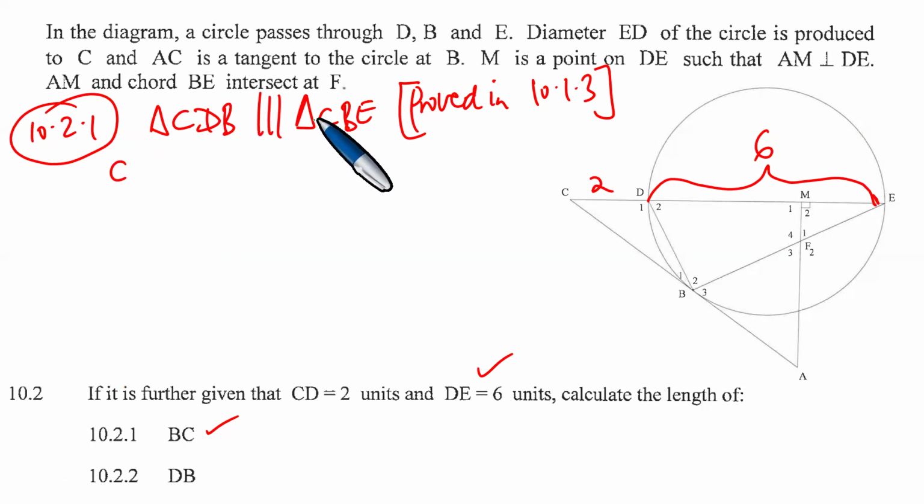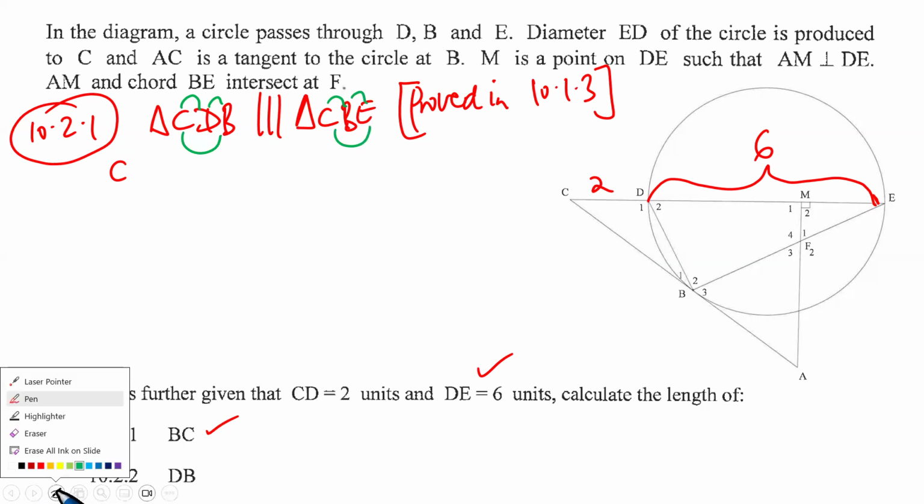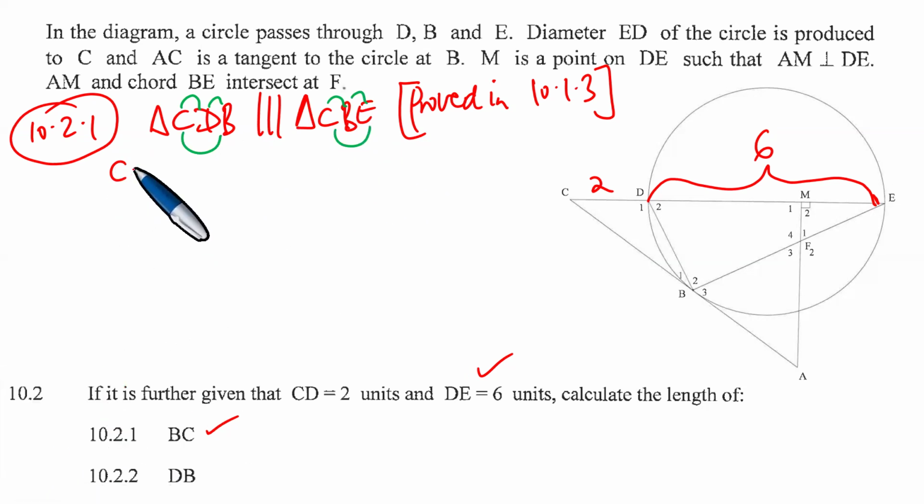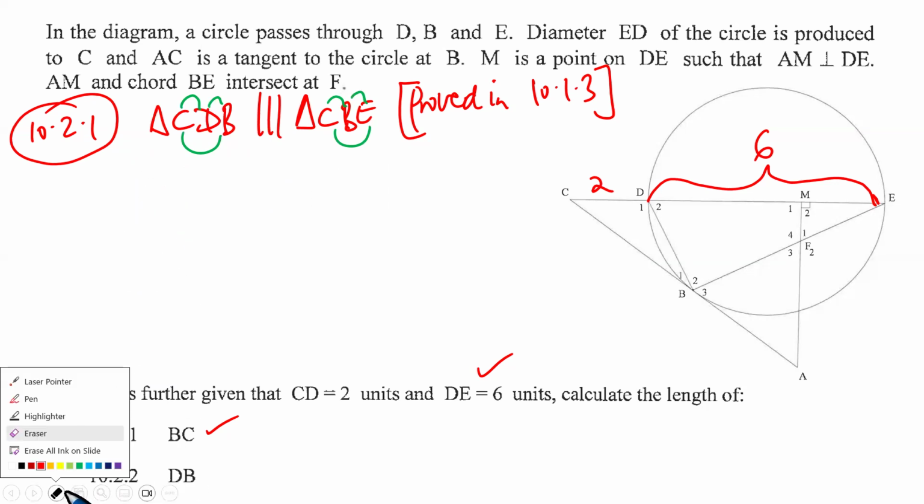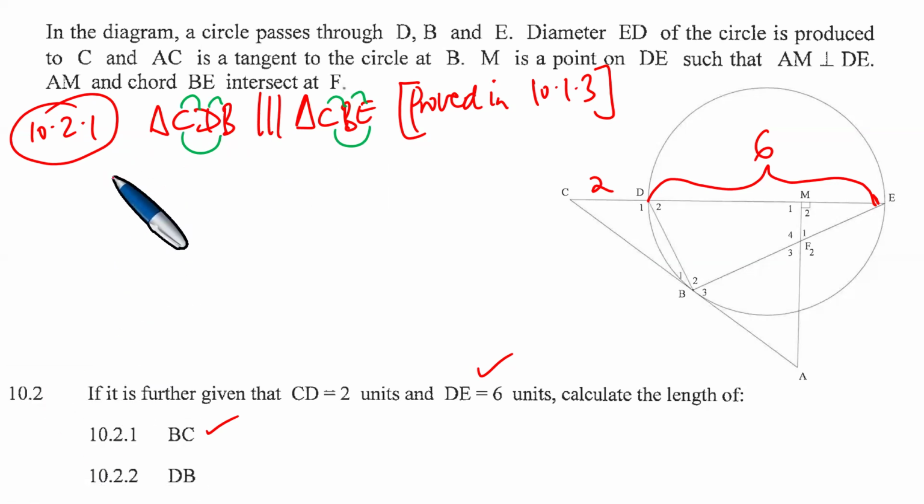These angles are in the right order. C equals C, D equals B, B equals E. So you can take the first two like this, the next two like this, and then the first and the last. So you take CD, to write all three ratios.